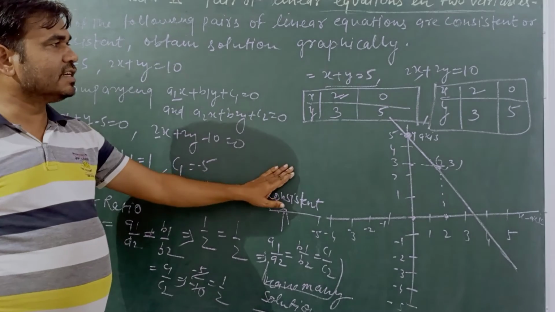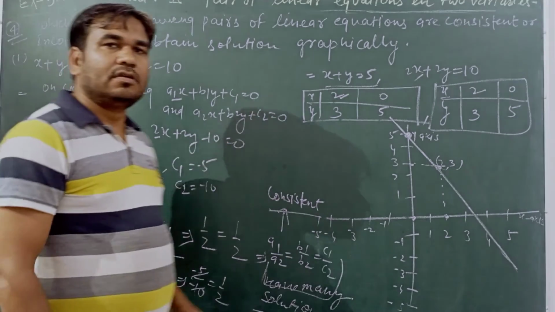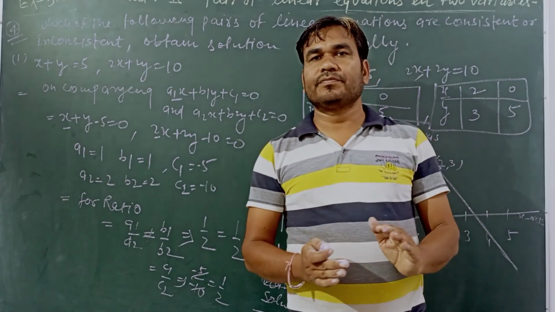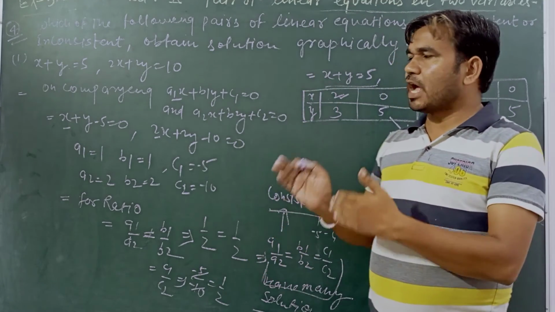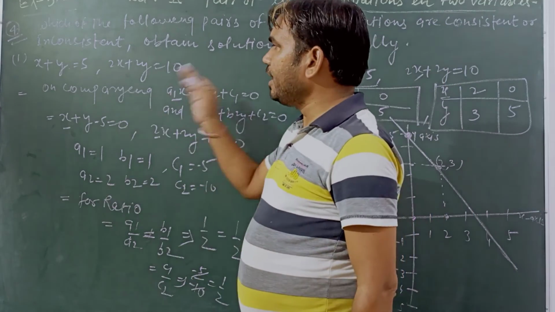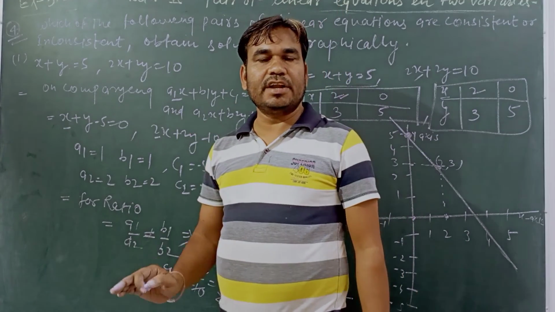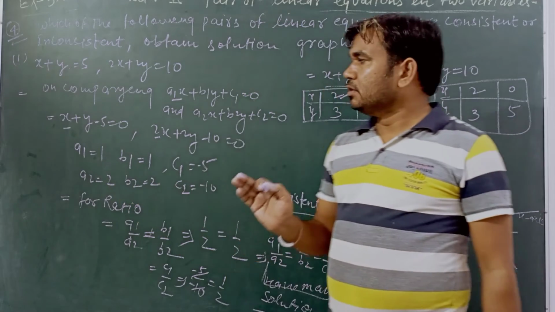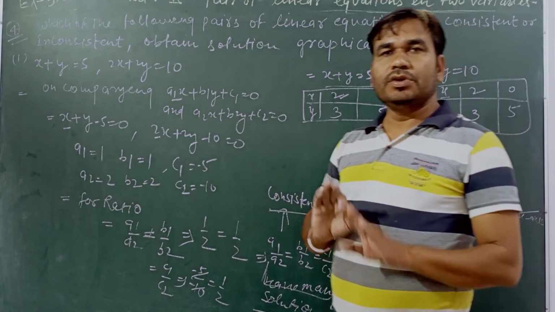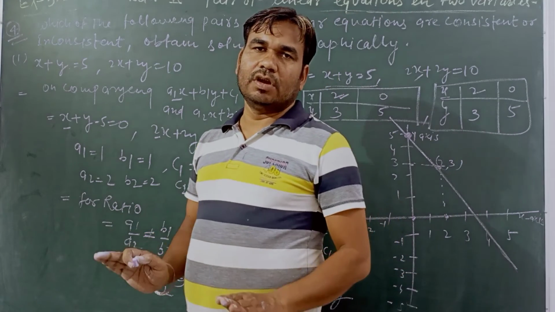So this is the condition for obtaining the solution graphically. If the question is about the graphical solution, consistent or inconsistent lines, and if the solution is not obtained, you should satisfy the condition only.